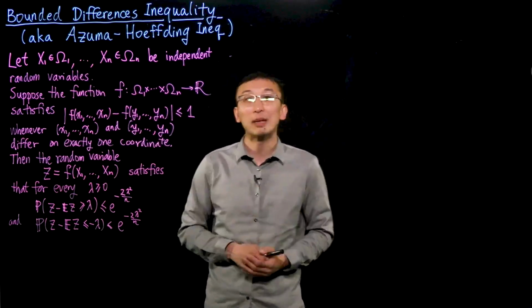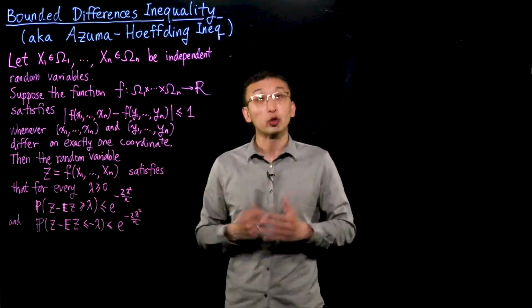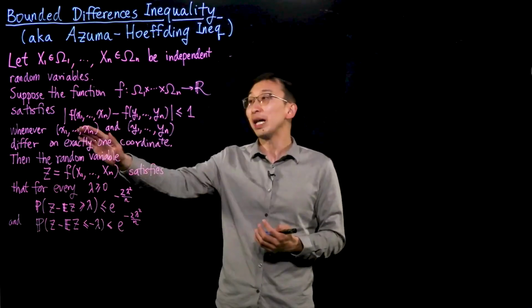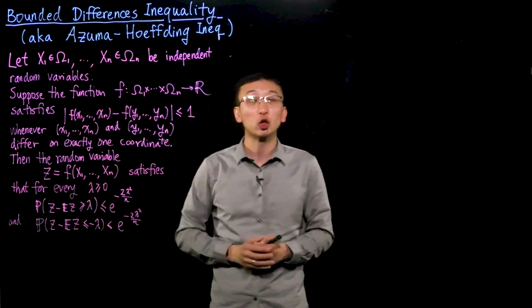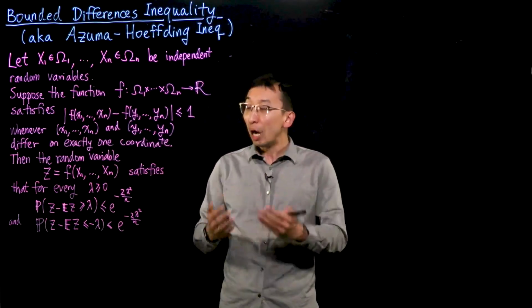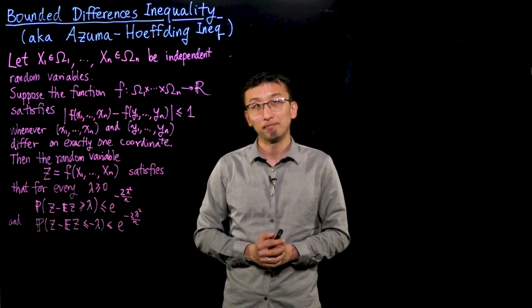Okay, so this is the statement of the bounded differences inequality. Again, the intuition here is that given independent inputs to a function which does not change by more than 1 upon changing any single coordinate, the output random variable is very concentrated around its mean.